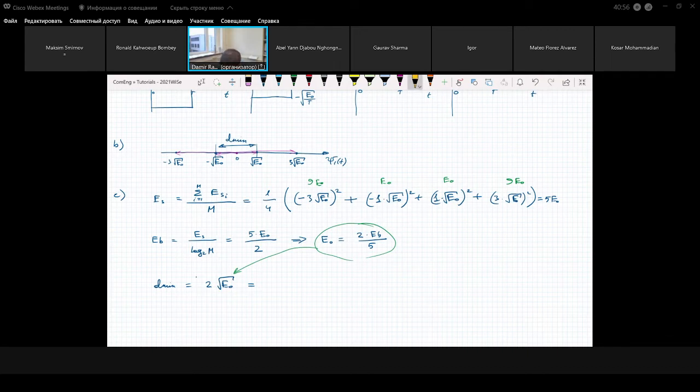From the signal space diagram, you can just look at the picture and find the minimum distance, and it will be 2 times square root of E0. Then you replace E0 by the quantity we found above. I take the 2 and put it inside the square root, so it becomes the square root of 4 times 2 times EB divided by 5, which is the square root of 8 over 5 times EB. This is our minimum distance in terms of mean energy per bit.